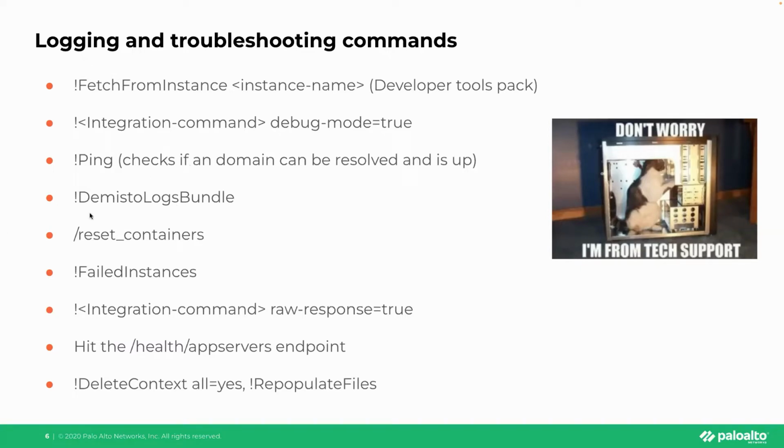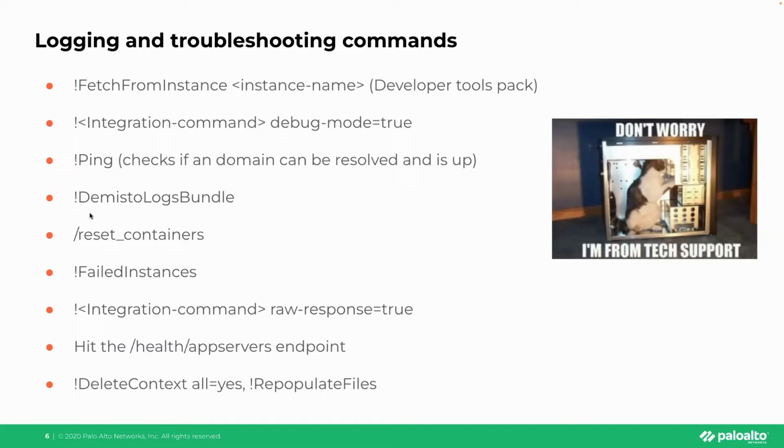We'll talk about the demistore logs bundle command in the next slide, but this is just a quick mention of it, because this is a really good way to get the demistore logs without having to go through the troubleshooting page and click download logs.